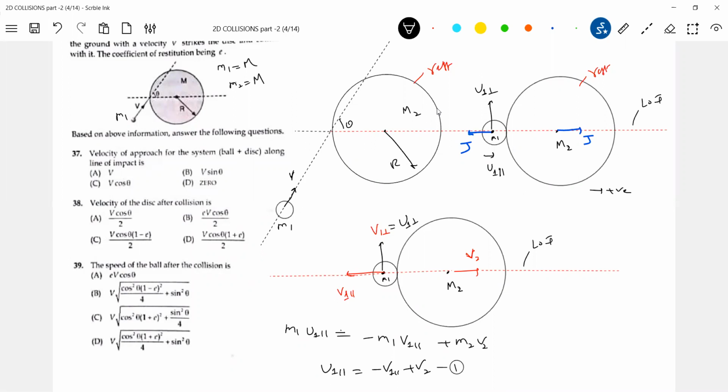Coefficient of restitution formula: e equals v2 minus v1 parallel by u1 parallel. This is equal to e u1 parallel, where u1 parallel is v cos theta. Keep the unknown as v1 parallel. Solving 1 and 2, we will get v1 parallel and v2 parallel.